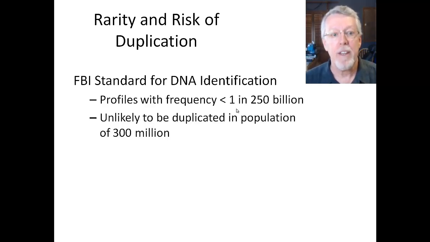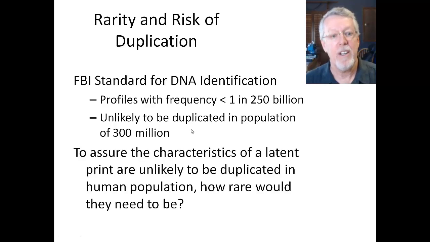Well, the thinking of the FBI is that if you're talking about a population, say, of the United States with 300 million, if the frequency of the shared profile is less than 1 in 250 billion, it would be unlikely that any of the 300 million people, other than the one in question, would have it. This threshold is simply an arbitrary one, but at least they state in advance what it is.